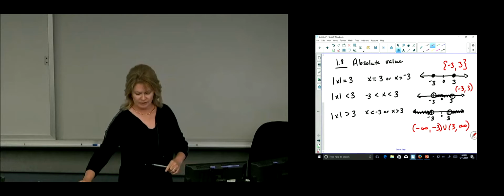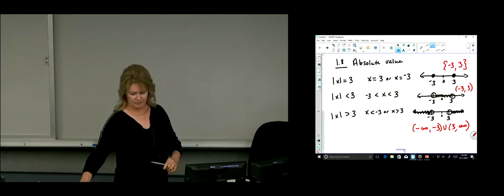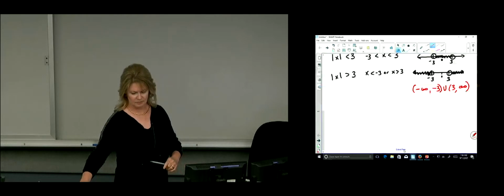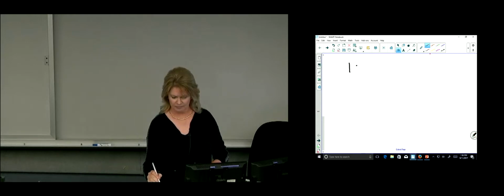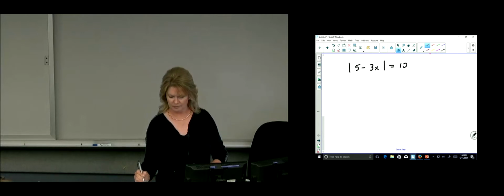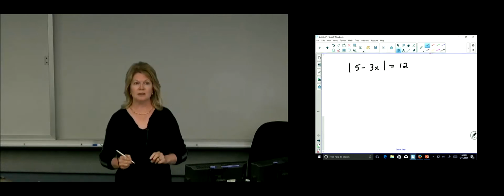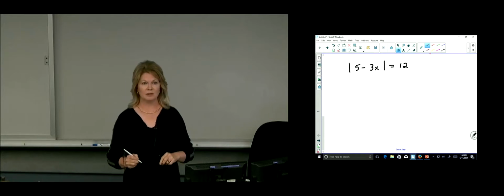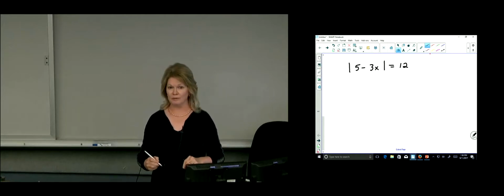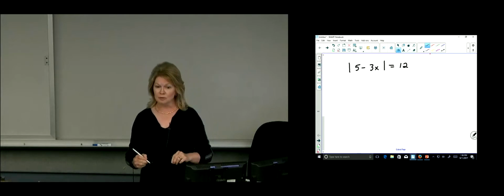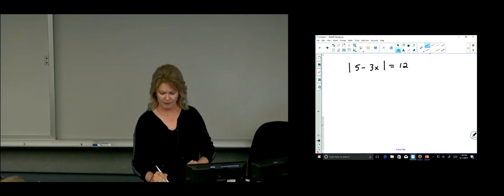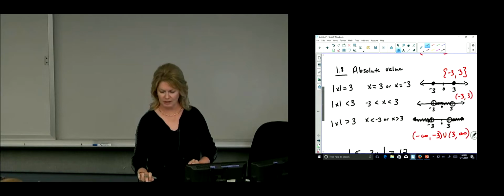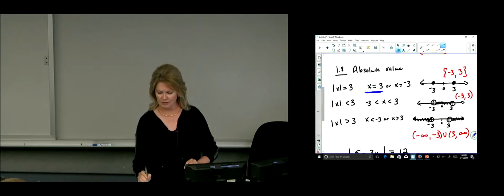So we'll start solving some absolute value problems. This says the absolute value of 5 minus 3x is equal to 12. So when it's equal to, I'm going to set up two problems. Just like I had when it was equal to 3, I had two situations.